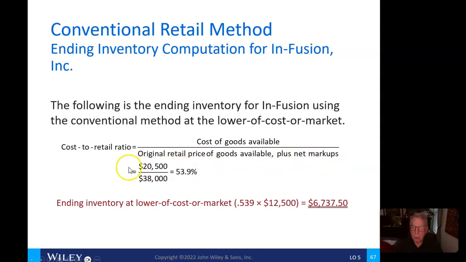So those numbers were $20,500 divided by 38,000. That gives us 53.9%. We multiply that times the 12,500, the ending inventory at the lower of cost or market, right? And that will give us our $66,737.50.